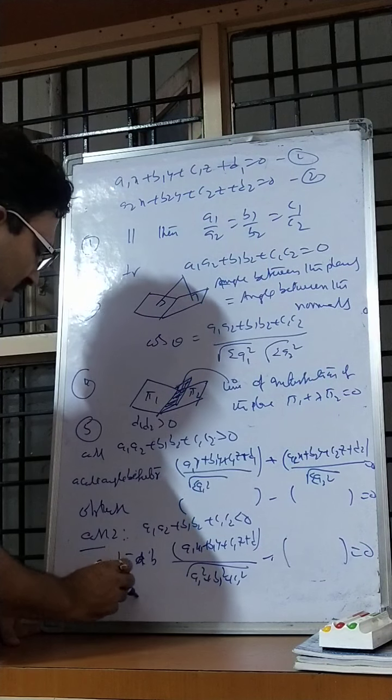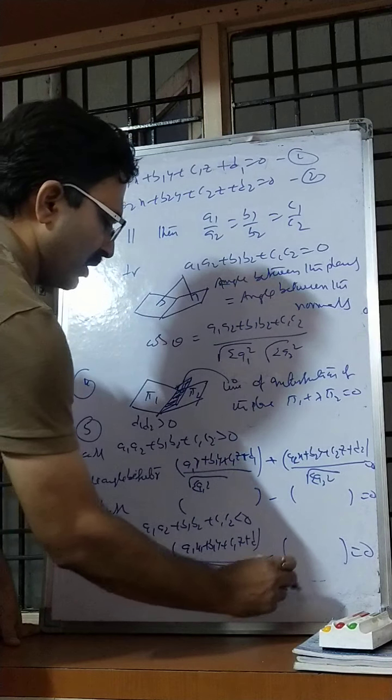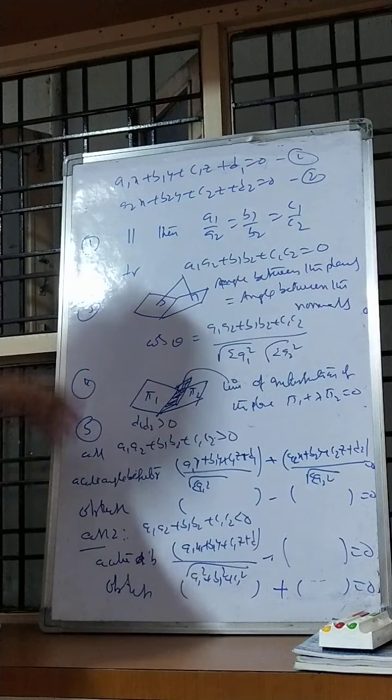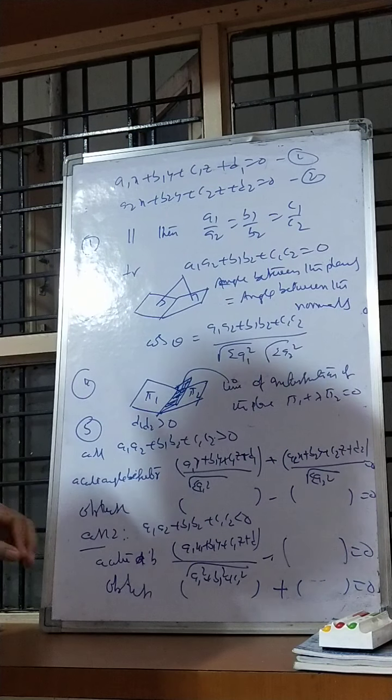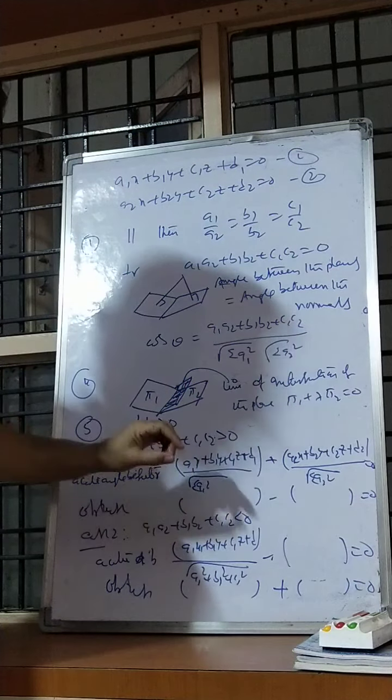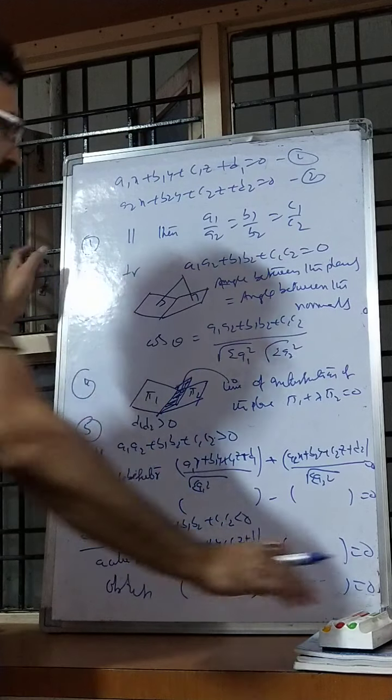Obtuse is quite opposite, the same as it is but with plus. So when two planes are given, we have 5 different points, right?